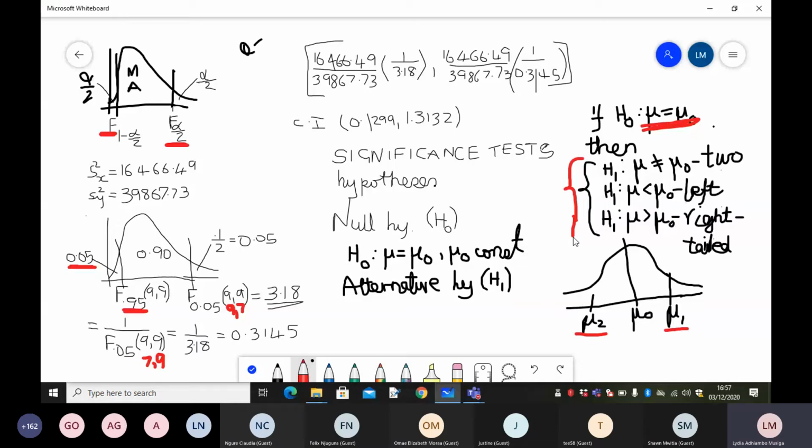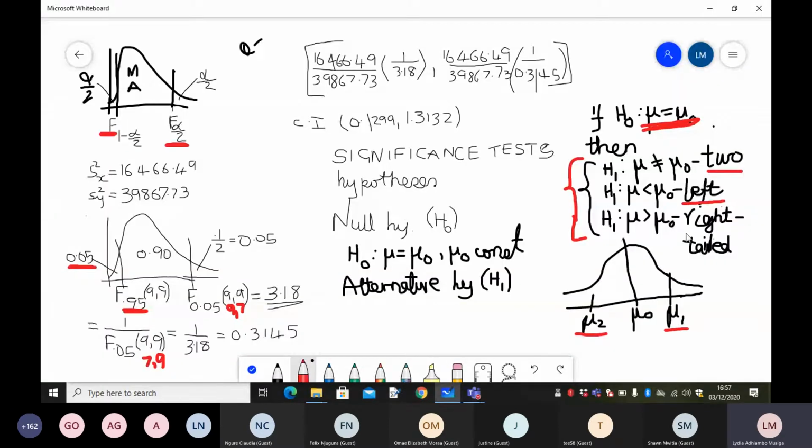The alternative we shall write will depend on the story that we are given. And once we know what the alternative is, then we shall know whether it is a two-tailed test, a left-tailed test, or a right-tailed test.